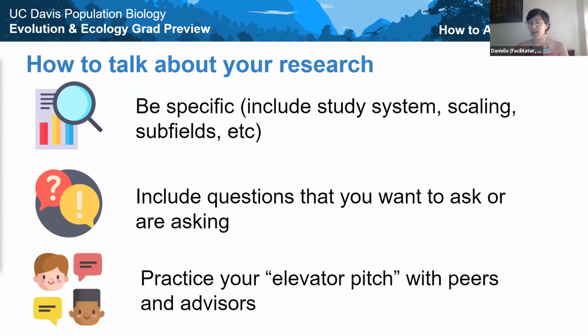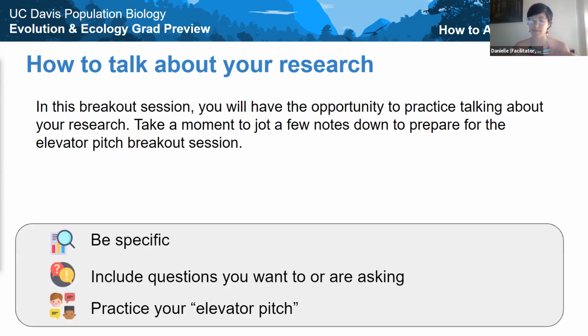And then you want to practice this elevator pitch of going from broad to narrow with your peers and advisors. So now we're going to jump right back into those same breakout groups. We are going to give about the same time for everyone to go through, about 7 minutes, and say their elevator pitch. So take a moment now while I'm speaking to jot down a few notes to prepare for this.